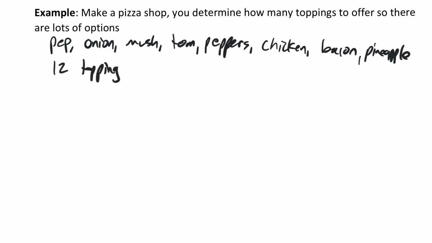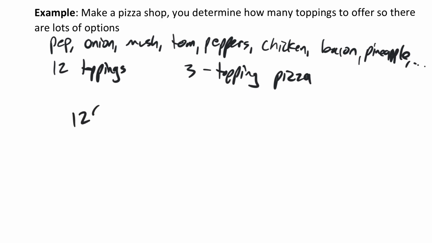Okay, and we want to have a good number of choices, a good number of options at our pizza shop. So let's say we let people do a 3-topping pizza. Well, how would we determine the number of types of pizza you could make if you have 12 toppings to choose from? I didn't write out 12, but let's say I was able to get to 12, and you can choose 3 of them for your pizza.